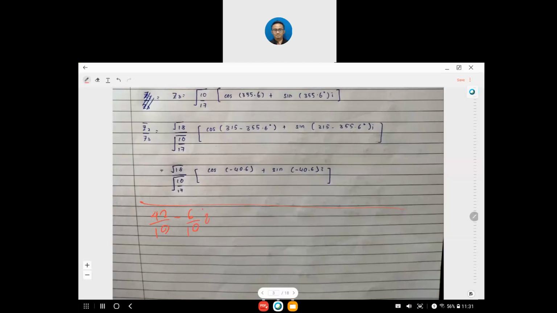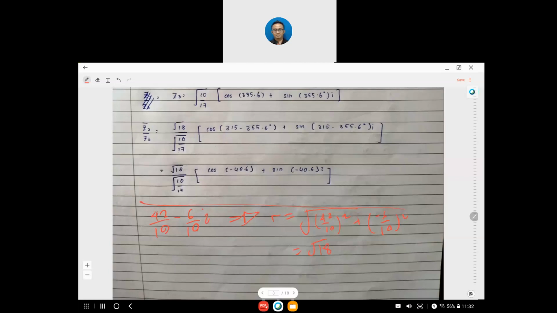So this one, you need to find what is your r. R equal to the square root of 42 over 10 squared plus negative 6 over 10 squared. So you can get the value of r, which is root 18.